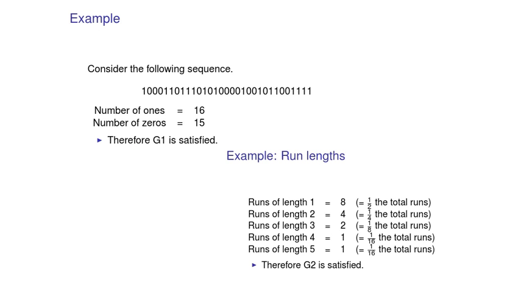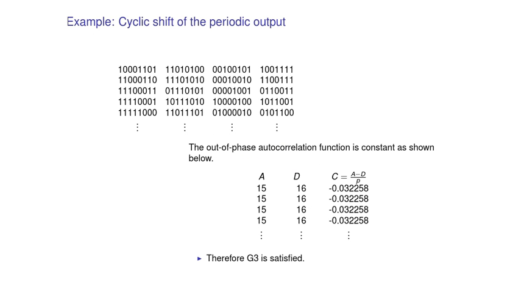And cyclic shift of the periodic output. So that means when we have the key stream like this, and we do a cyclic shift in one direction, shift to the left side.